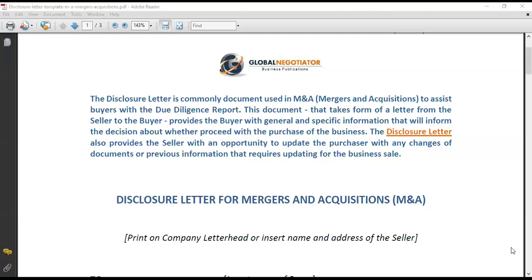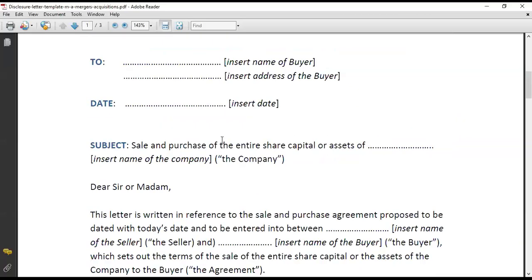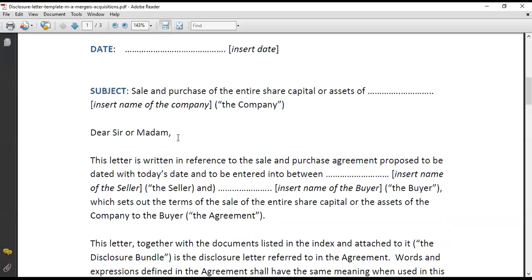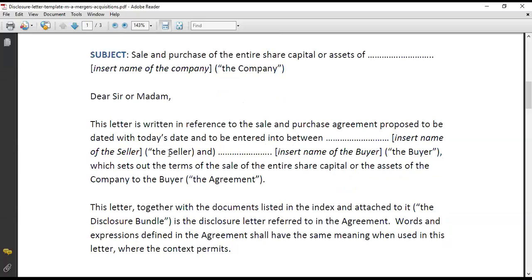So from then the subject is sale and purchase of the entire share capital of Mabati. Dear sir, this letter is written in reference to the sale and purchase agreement proposed, dated with today's date and entered into between Mabati and Steel.